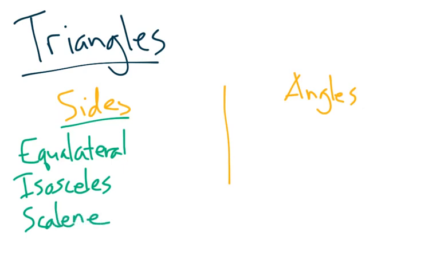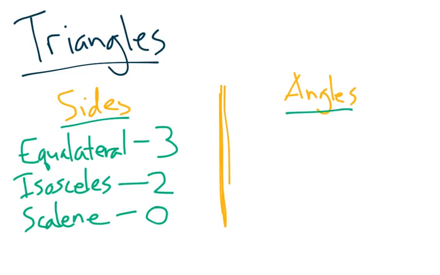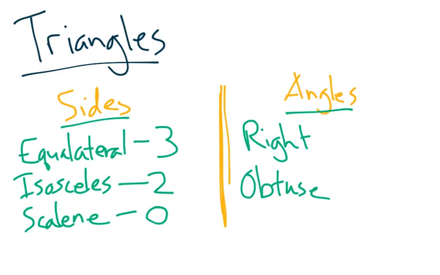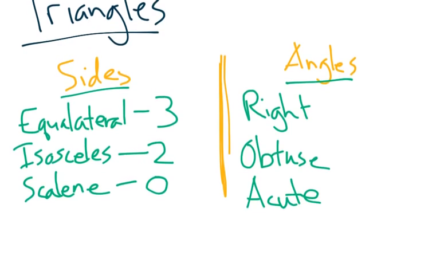We'll draw all these in a second. Essentially, this means we have 3 equal sides, 2 equal sides, and 0 equal sides. That's one way of looking at triangles. The other is by their angles: right triangles, obtuse triangles, and finally the very popular acute triangles.